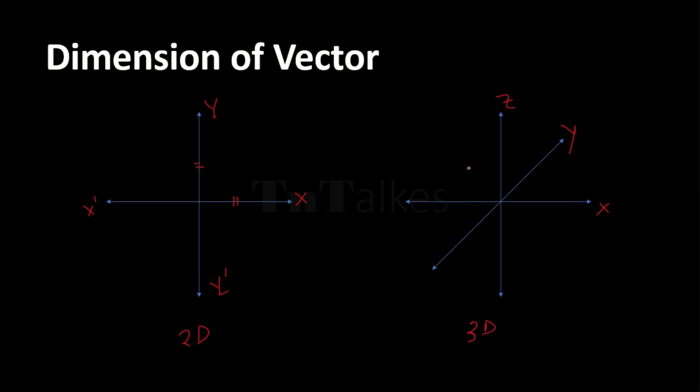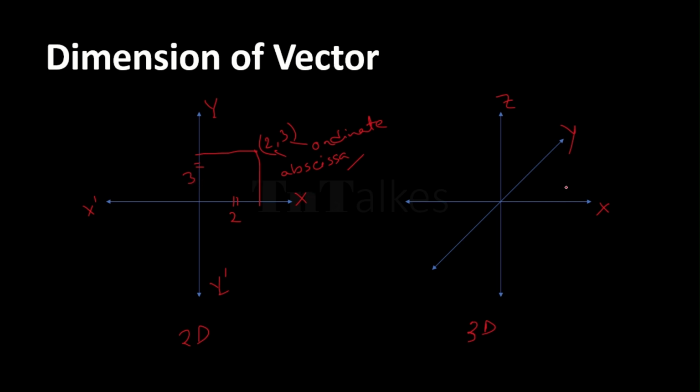Let me show you an example. If a point's coordinate is 2, 3, that means its abscissa is 2 and ordinate is 3. It means the point cuts 2 units from the x-axis and 3 units from the y-axis.